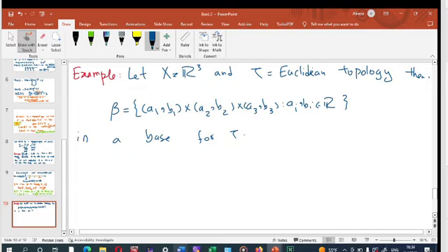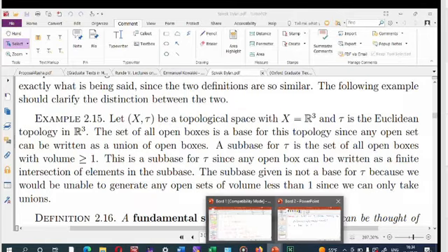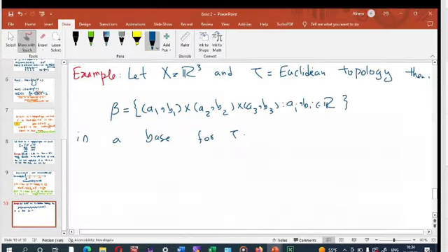And please note that the set of all open boxes, these are open boxes, okay? These are open boxes.